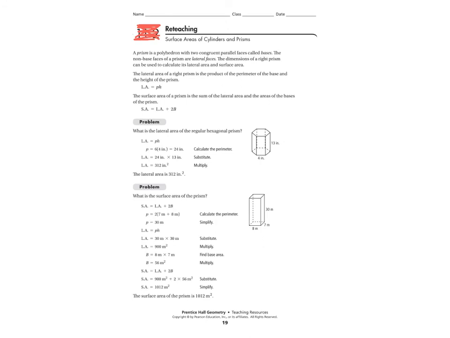The questions on the test are going to look just like the homework. Some of the questions on the test are only going to be asking for the lateral area. And then some of the other ones will ask for the total surface area. So you could go back and rework the homework questions. That would be a good way to study.